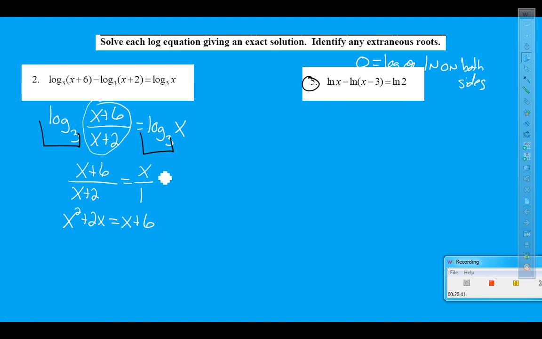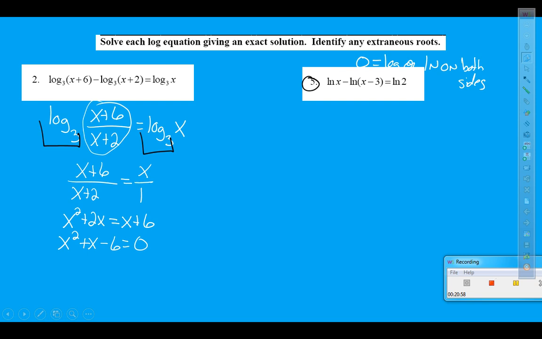I went here to here, there to there. The reason I went here to here first, guys, is because I knew the x squared would show up, and I like the x squared on the left. I need to set this equal to 0. So I've got x squared plus x minus 6 equal 0.